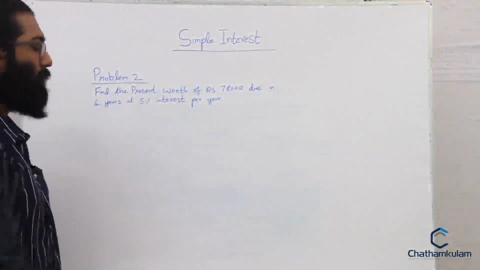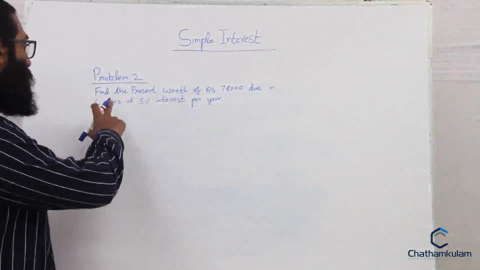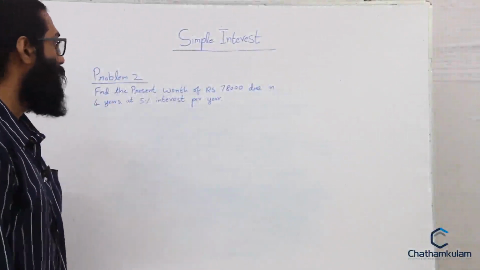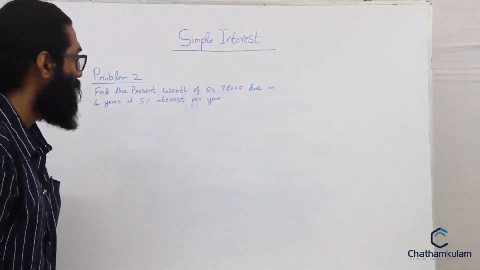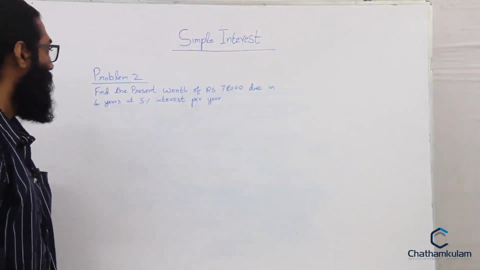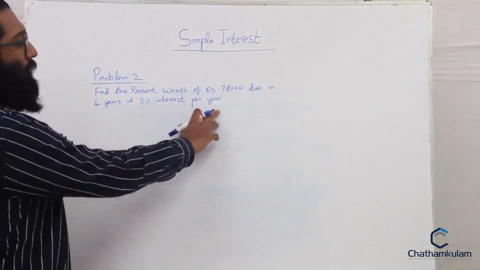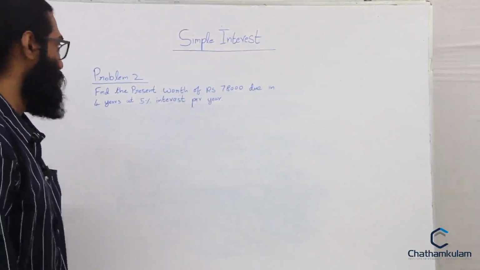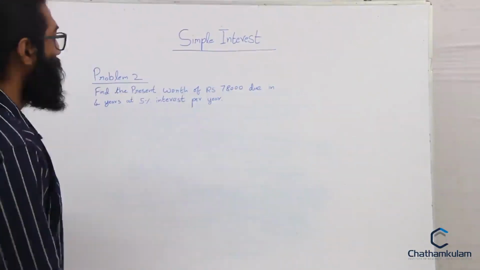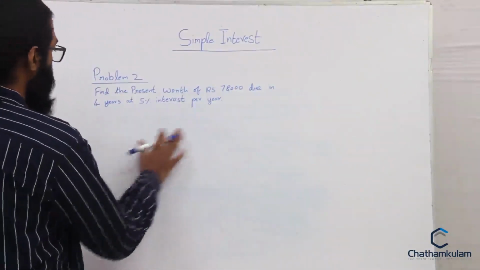Okay, so let's look into the second problem, problem number 2 of simple interest. Find the present worth of rupees 78,000 due in 4 years at 5% interest per year. So this is the question.